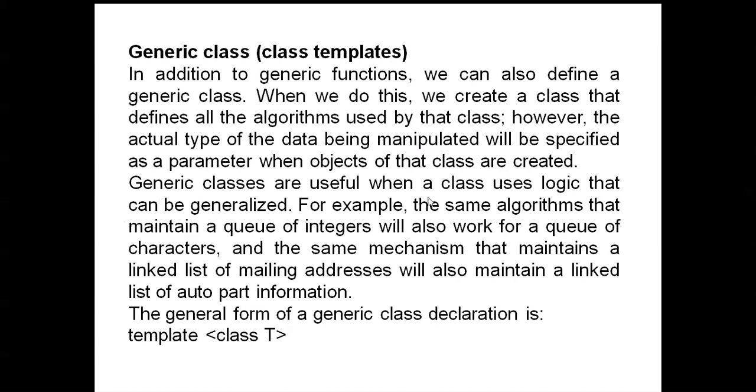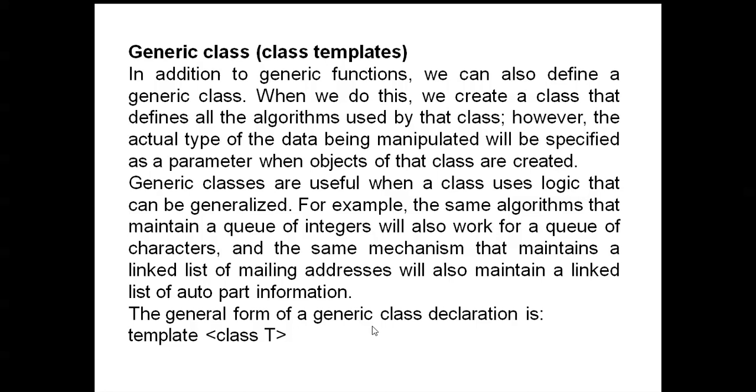For example, the same algorithm that maintains a queue of integers will also work for a queue of characters, and the same mechanism that maintains a linked list of mailing addresses will also maintain a linked list of autopart information.